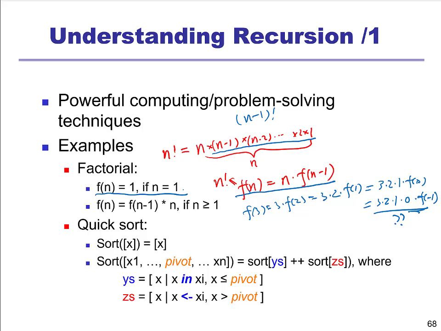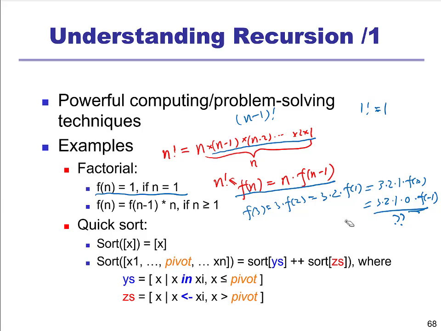For this factorial example, the base case should be n equals 1, right? Because the factorial of 1 equals 1. Or we know that the factorial of 0 equals 1 as well. But I think it's better to define the factorial of 1 equals 1 as the base case in this example.